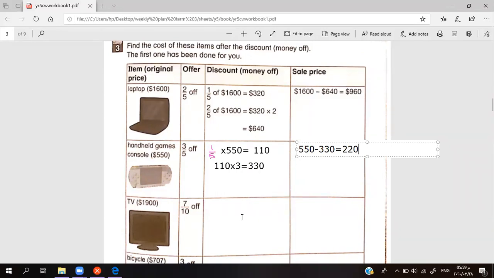This is its price. Let's try the TV set. The discount here is 7/10. Let's first get 1/10 of the original price. 1/10 of 1,900.